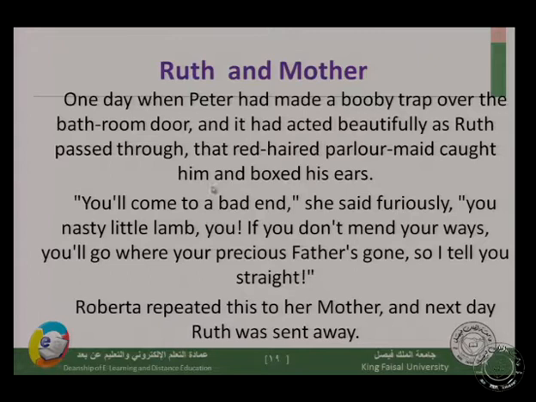You'll come to a bad end, she said furiously, angrily. You nasty little lamb, if you don't mend your ways, you'll go where your precious father is gone. So I tell you straight. But she is using violent language. We are comparing Ruth and mother. When mother knew this through Roberta, the next day Ruth was sent away by mother. Do you understand?